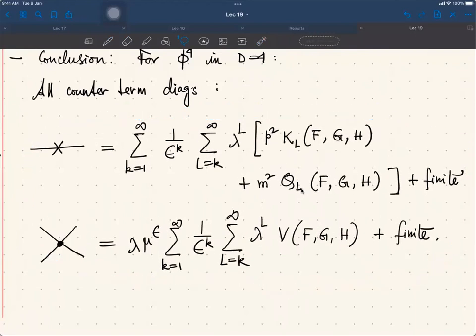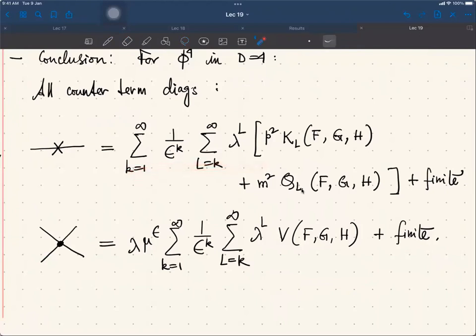First of all, we know that a diagram at loop level L will have a maximum pole at L. The same thing can be rewritten in the following fashion.